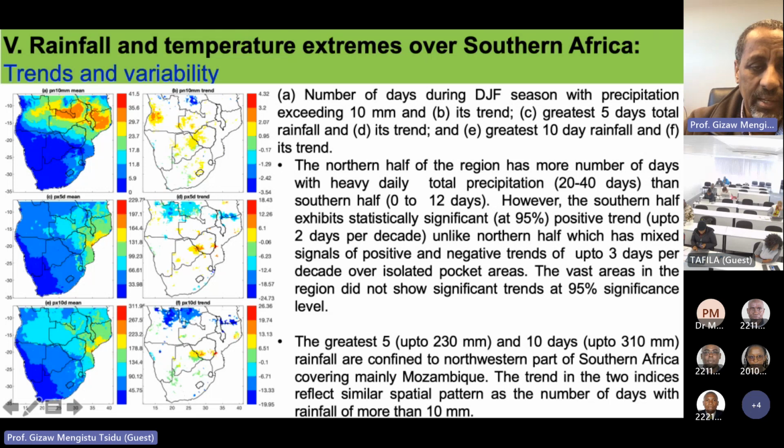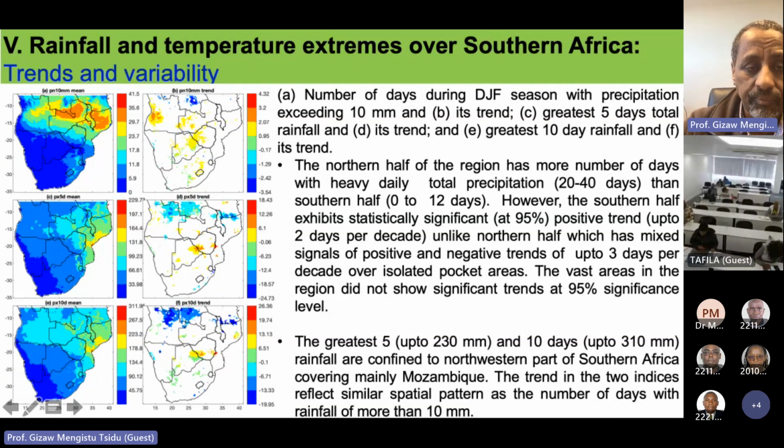Over the last 42 years there is an increase of at least one more day per decade, one more day per 10 years. What that means is that Botswana in these areas is now getting about 8 to 9 days of rainfall greater than 10 millimeters.